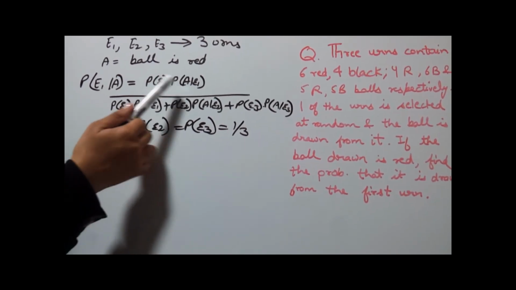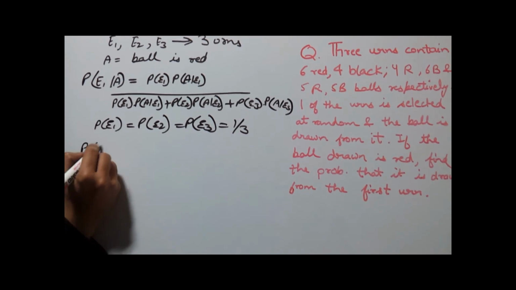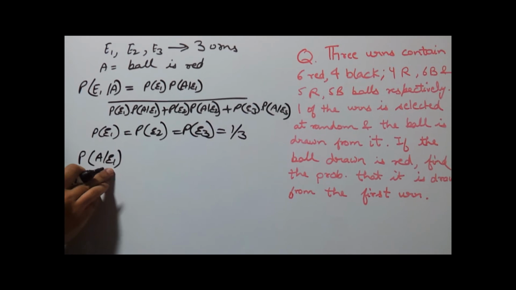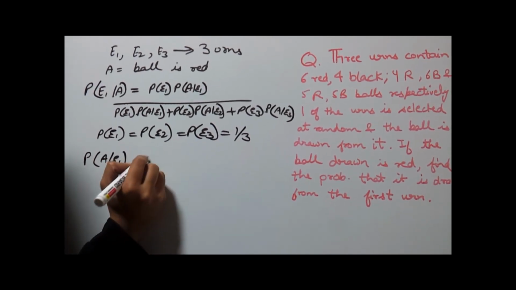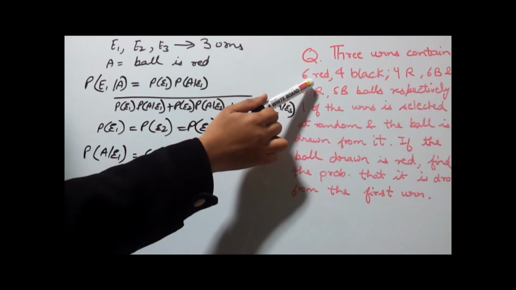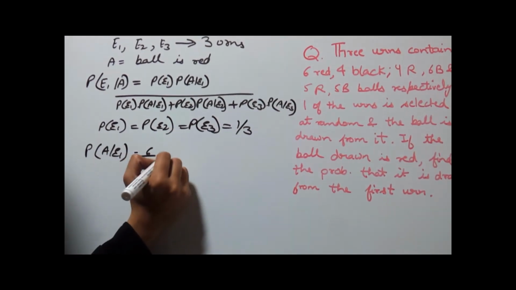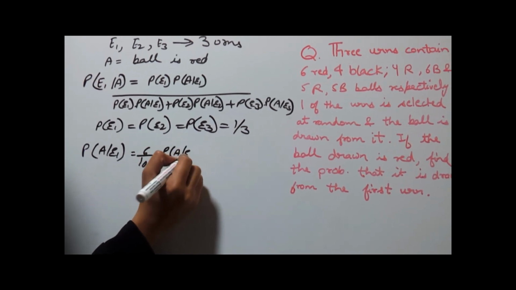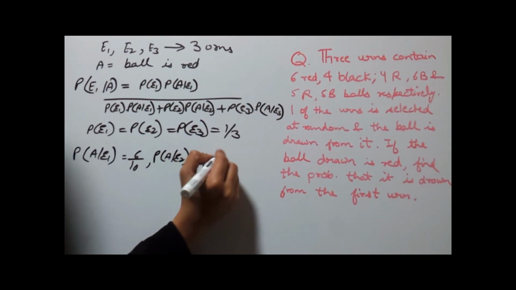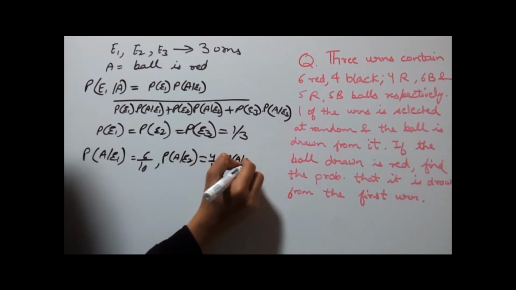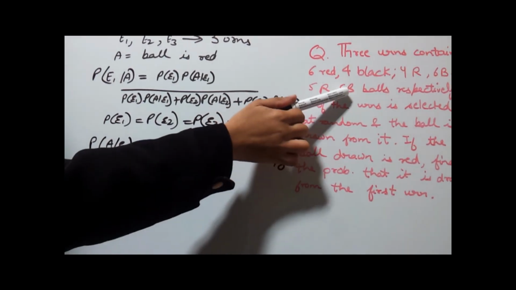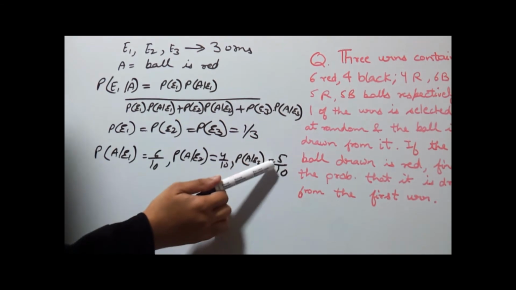Now probability of A given E1, that is getting a red ball when we know that it is urn 1, would be 6 by 10, because there are 6 red balls out of 10 balls in urn 1. Similarly, probability of A given E2 would be equal to 4 by 10, and probability of A given E3 would be equal to 5 by 10, as there are 5 red balls and total balls in urn 3 are 10.